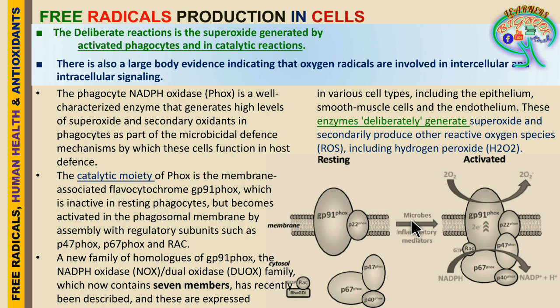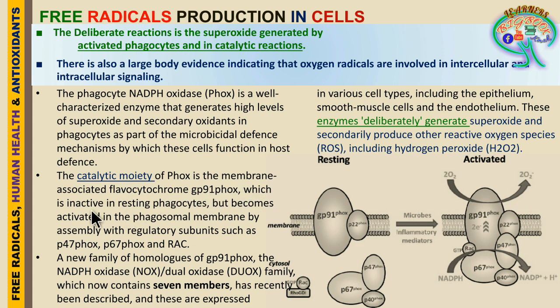Here you can see in the diagram that microbes and inflammatory mediators act on the cell. So whatever microbicidal defense has been generated in the form of superoxide and secondary oxidants is going to act on the infections or the pathogens.